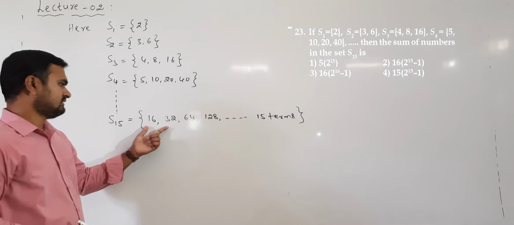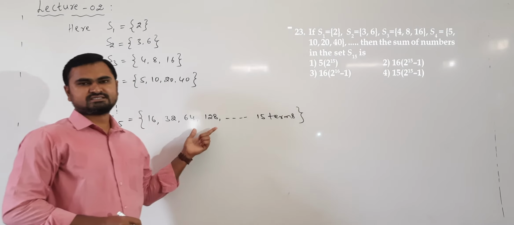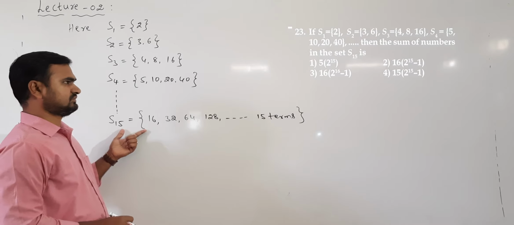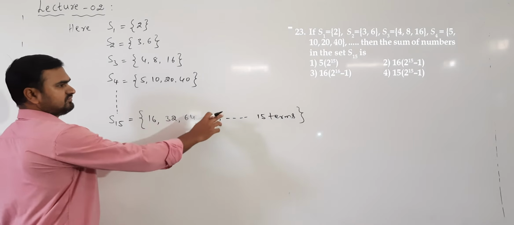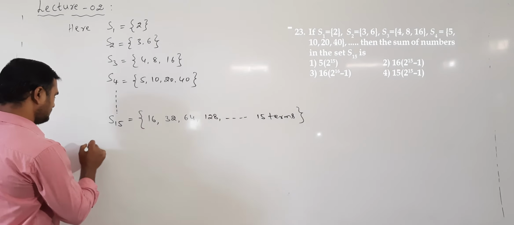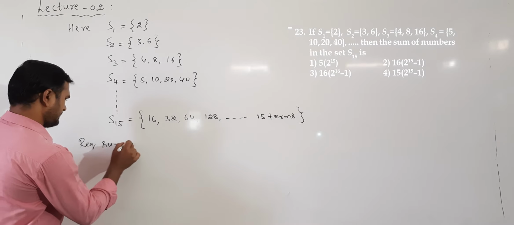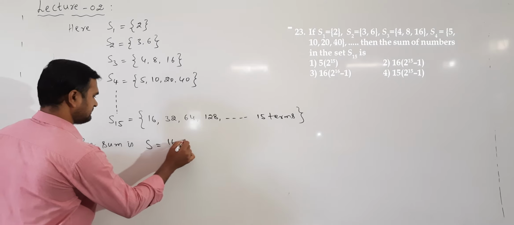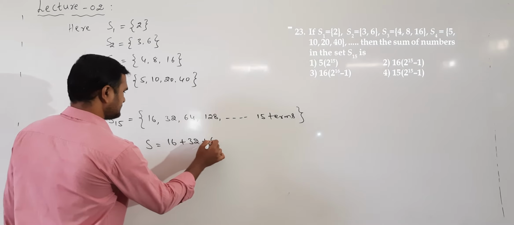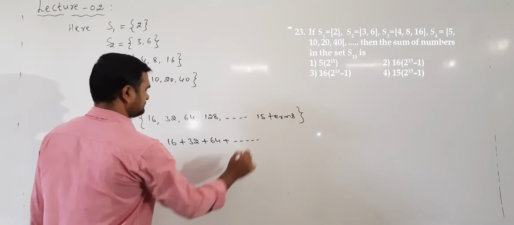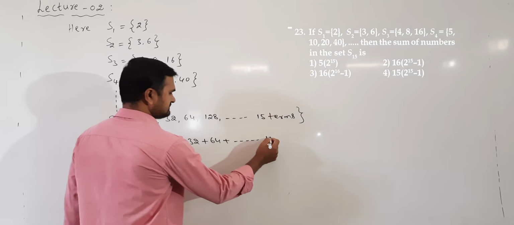So let us take the sum of these terms. The required sum is S equal to 16 plus 32 plus 64 and so on up to 15 terms.